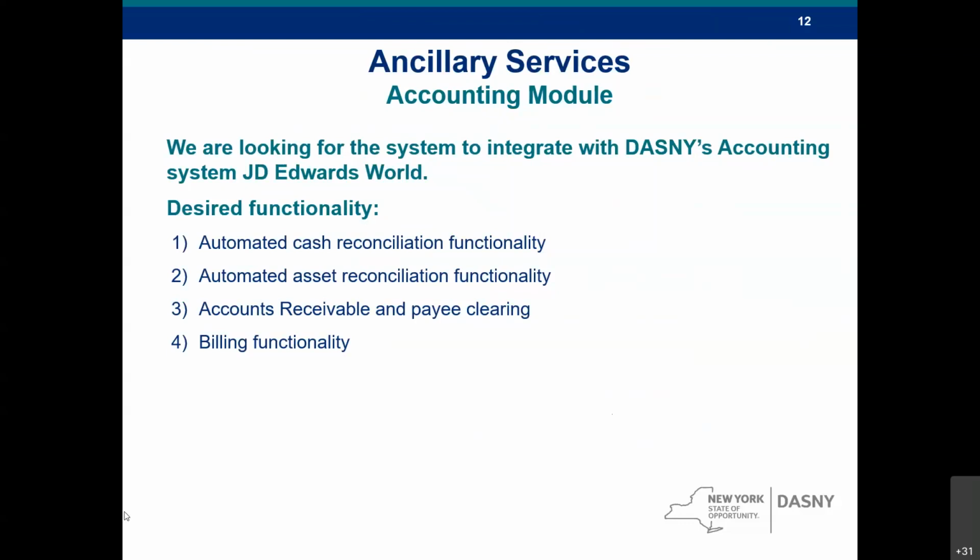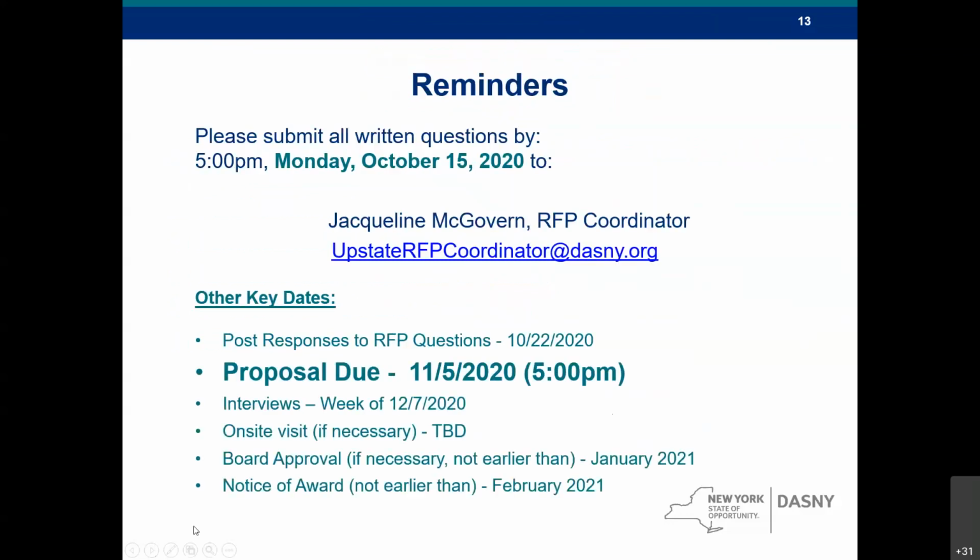Next slide. Here are reminders. First, I want to remind you about the sample contract included in the RFP, Attachment C. It is the draft form of the contract DASNY proposes to execute between the selected proposer and DASNY.